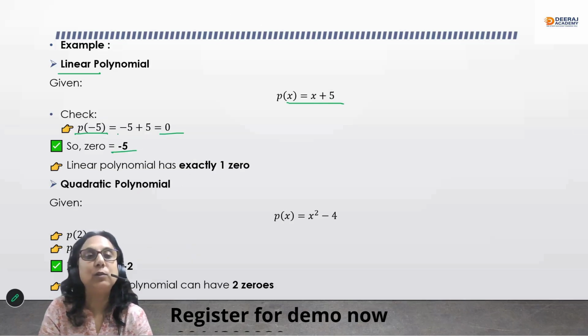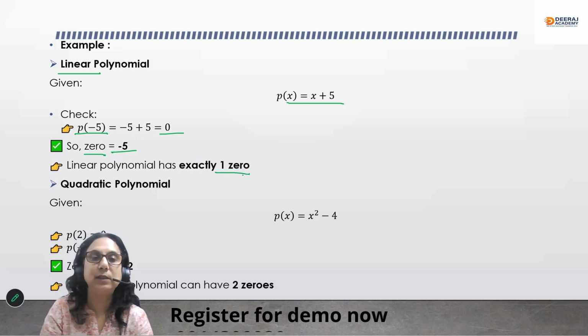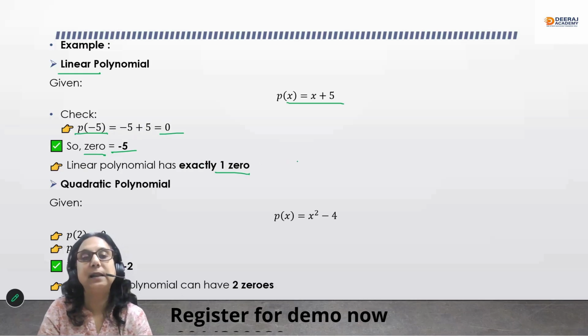The value for which the given polynomial's value becomes 0, we call the zero of the polynomial. A linear polynomial has degree 1, so it can have a maximum of 1 zero.